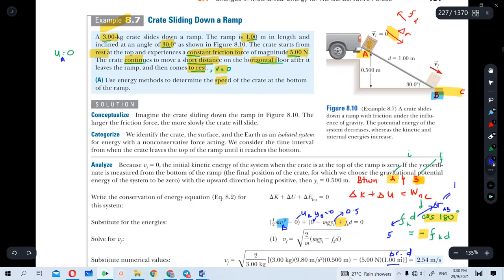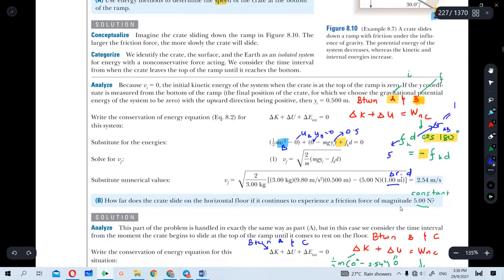So, complete the calculation. You will arrive at 2.54 meter per second. And again, this is a square root. That's the reason why it's asking for speed, because you might have a tendency to put whether it's positive or negative. So just ignore the positive or negative. It's just a number.